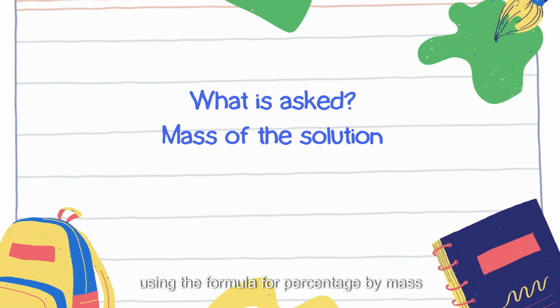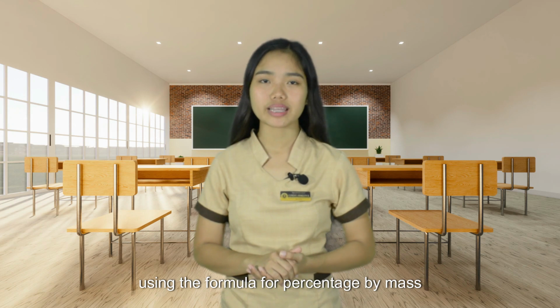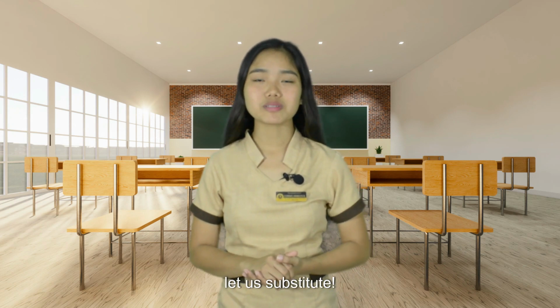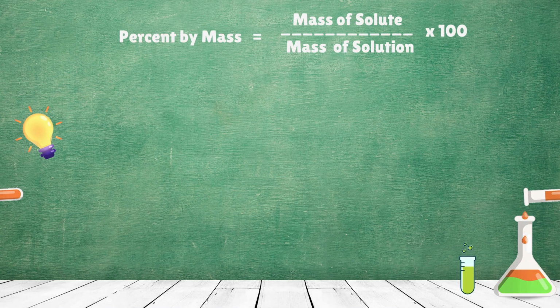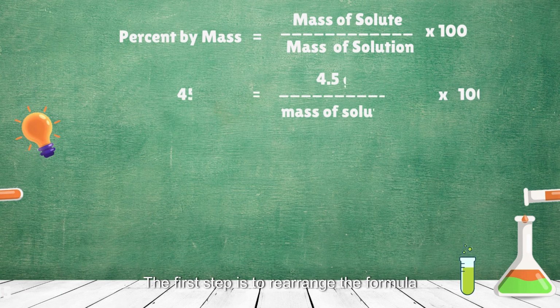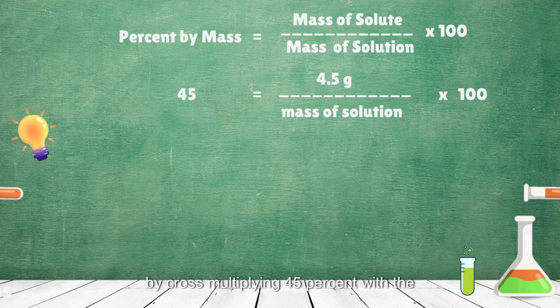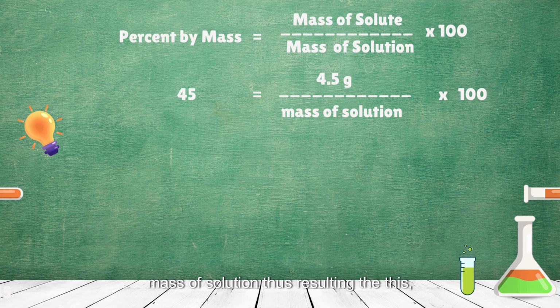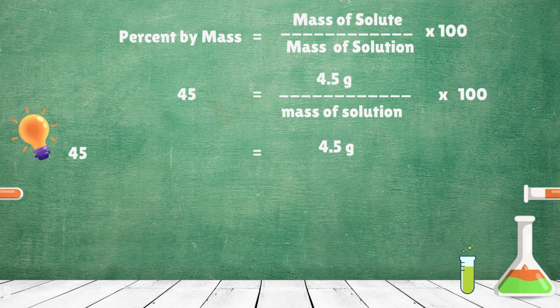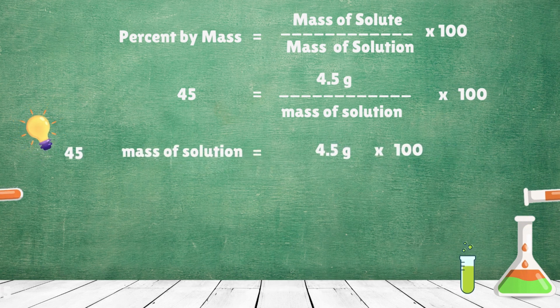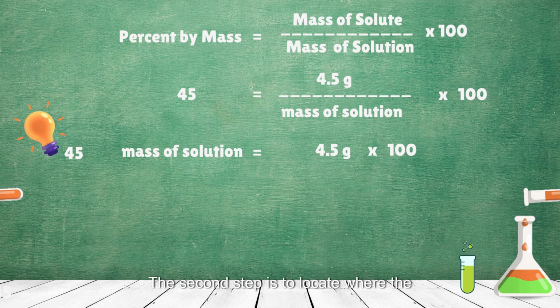Now, using the formula for percentage by mass, let us substitute. The first step is to rearrange the formula by cross-multiplying 45% with the mass of solution, thus resulting to this. The second step is to locate where the desired unit is.